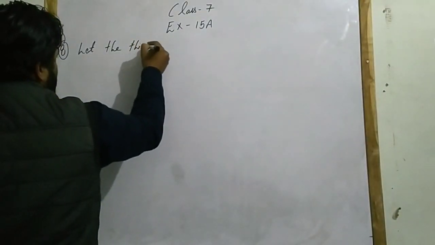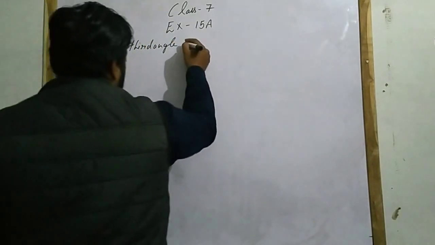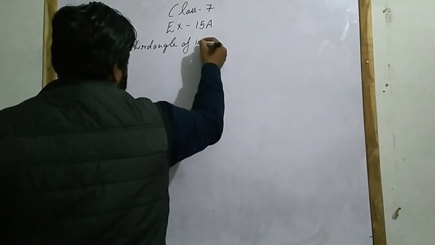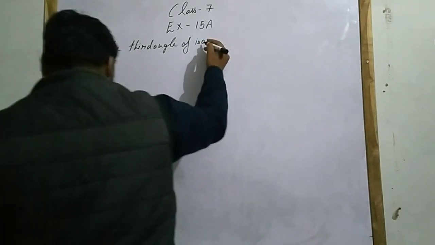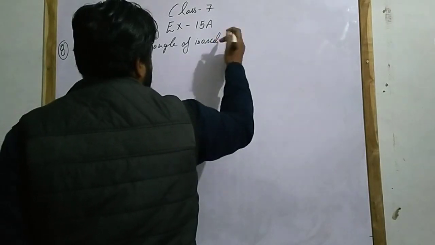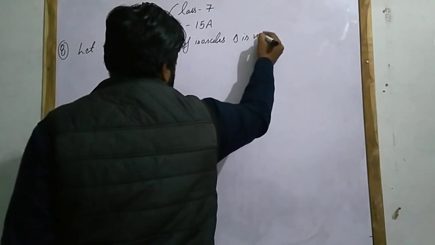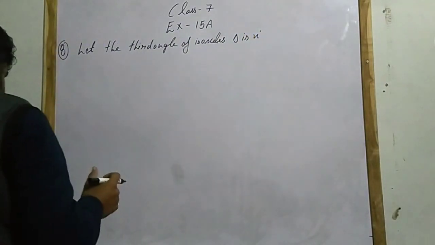let the third angle of isosceles triangle is x degree. हमने एक एंगल थर्ड एंगल x डिग्री ले लिया है.